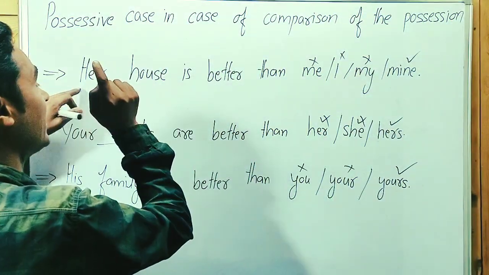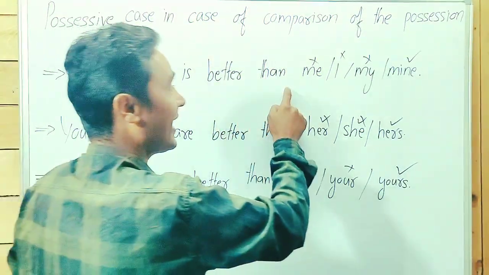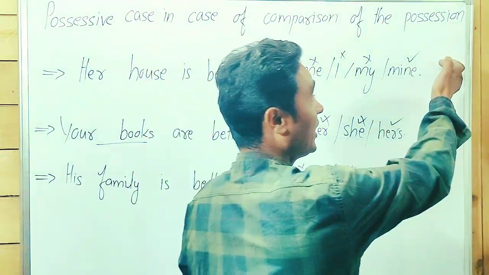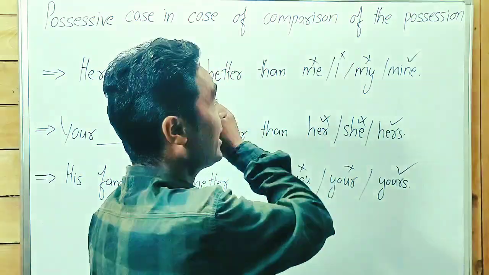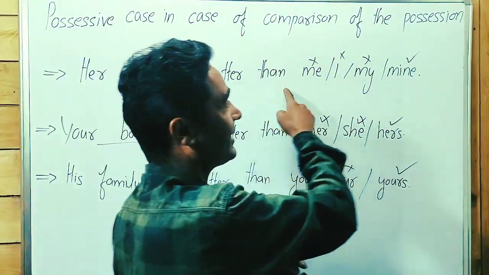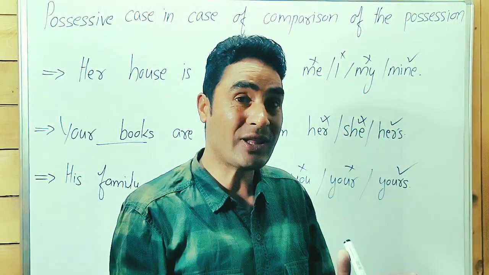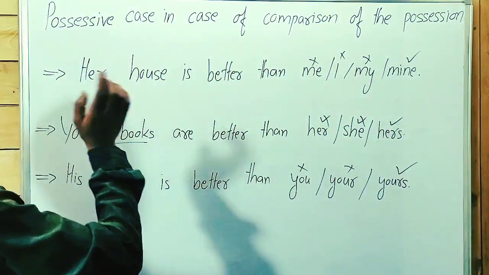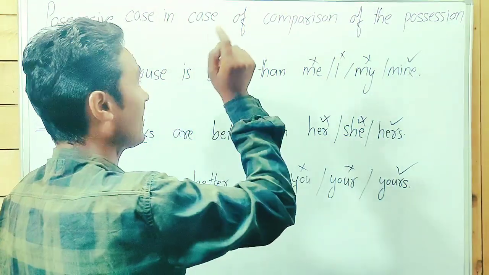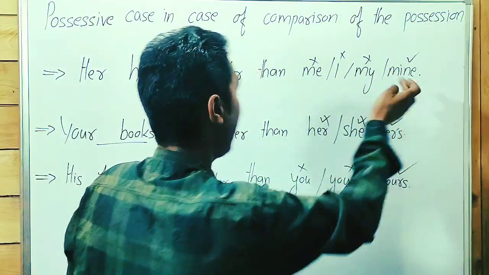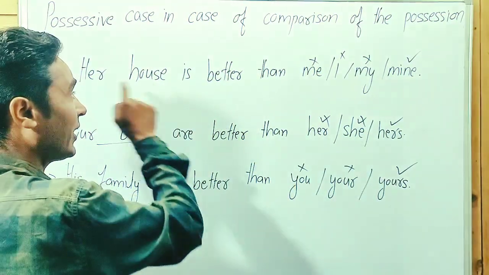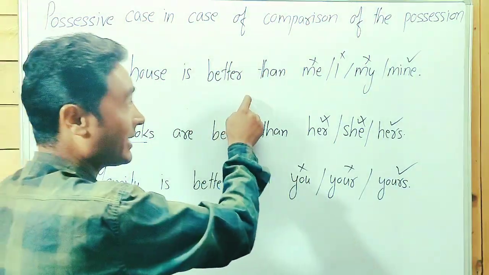Guys, point to note: her house is better than my house will be the correct answer, but after that, house is not needed. Her house is better than mine will be correct. Both are the same, my house and mine. You can write either her house is better than my house, or her house is better than mine.